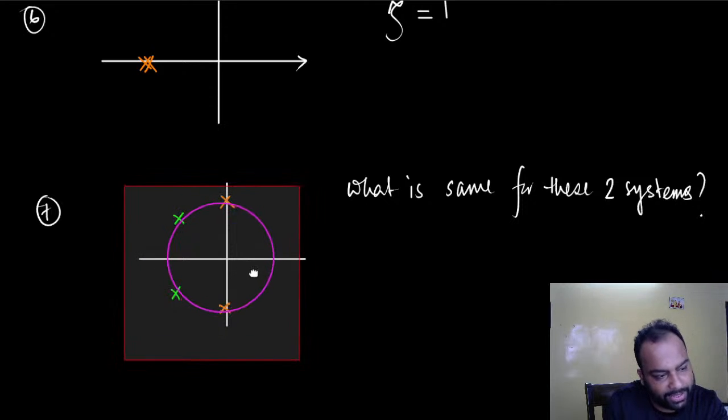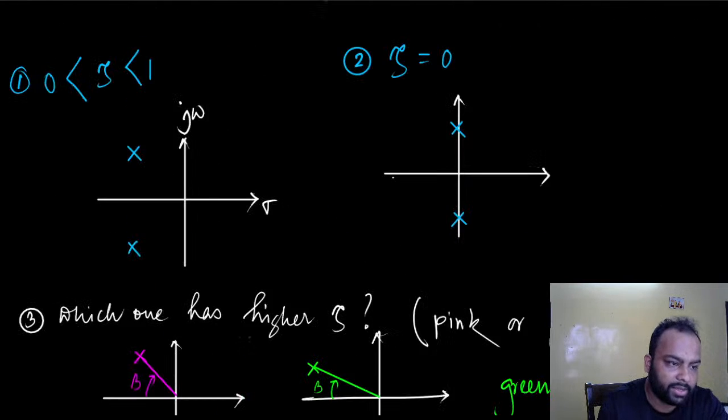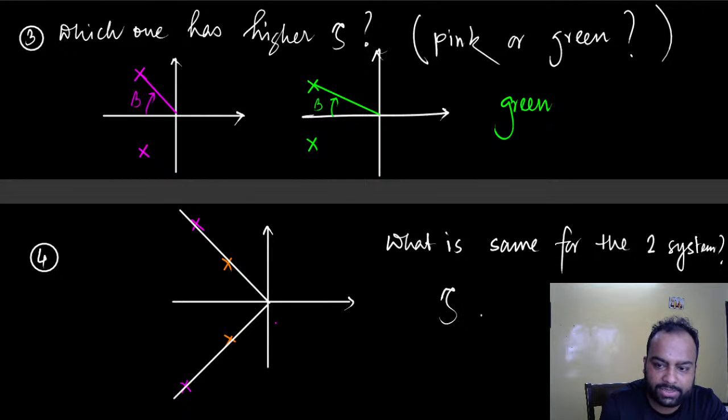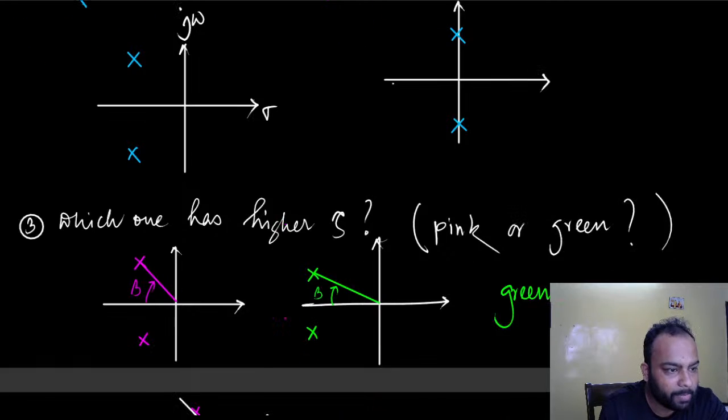So roughly like that. So what is the same for this system? Again, answer is omega n. Right. So we had a rapid fire round, and some of you figured out a few things, some of you couldn't figure out anything. Very nice.